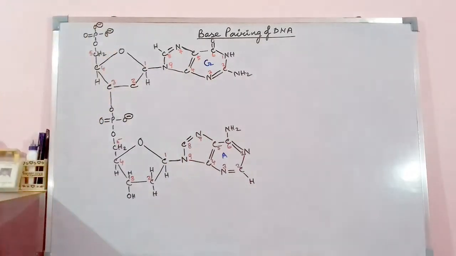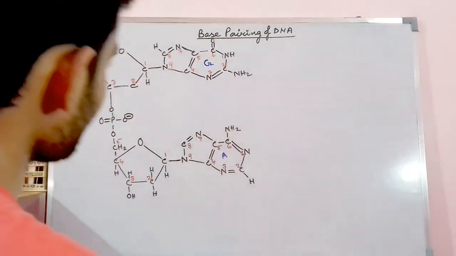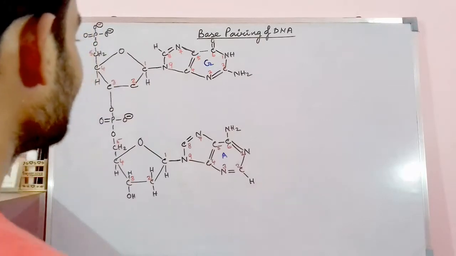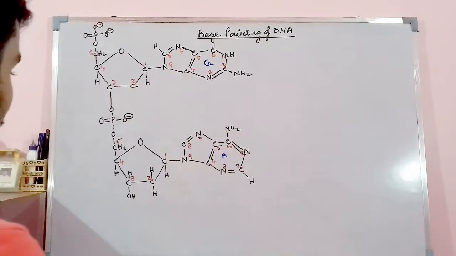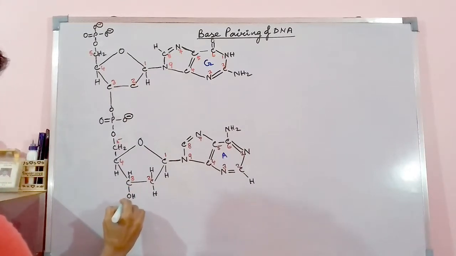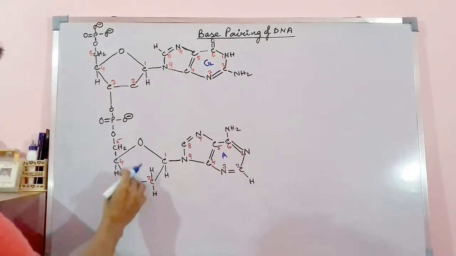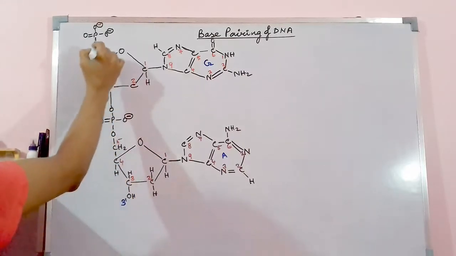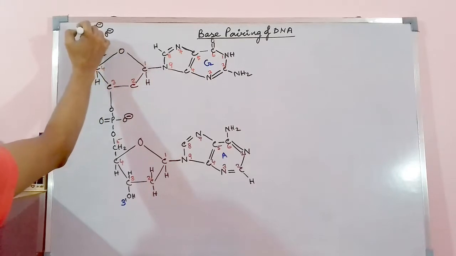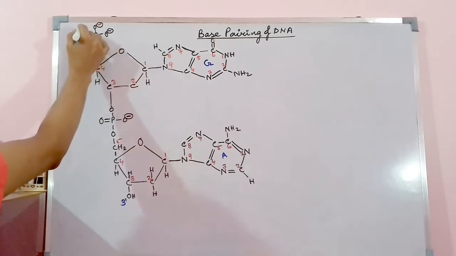This is the representation of the ring. Now this is about one strand. Consider this as the 5 prime. This one is the 3 prime end, because this third carbon is having the lone OH which is called the tail, and the fifth carbon is having the lone phosphate which is called the head. So this is the 5 prime head.